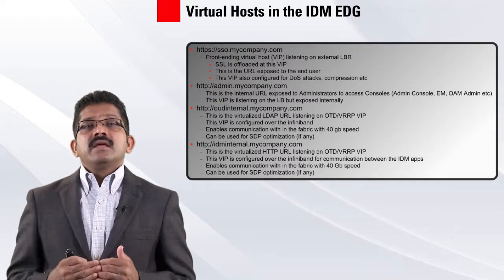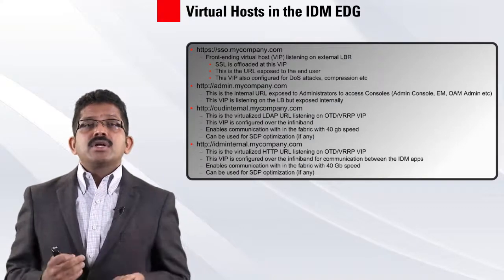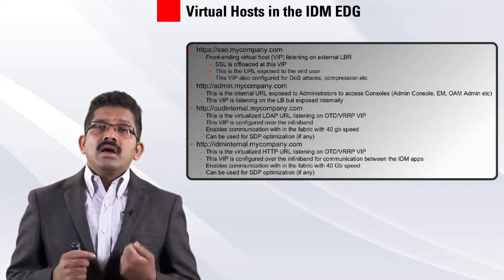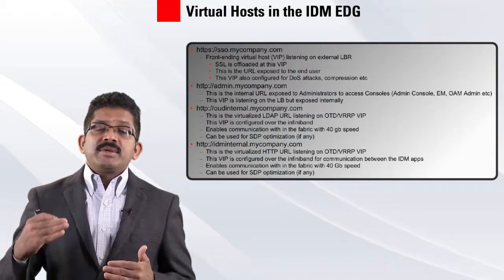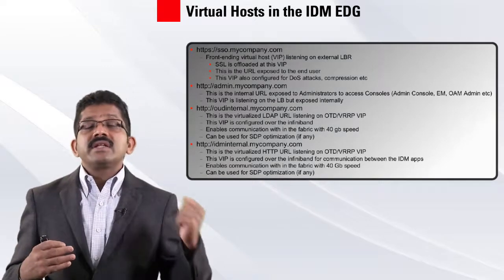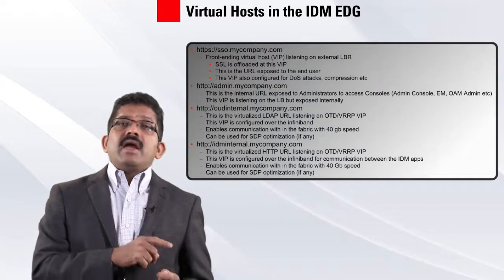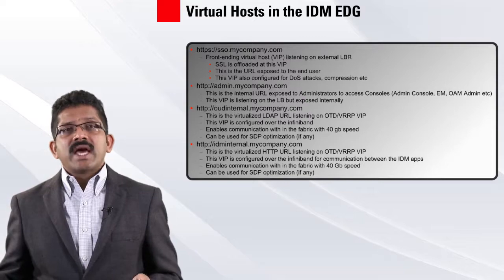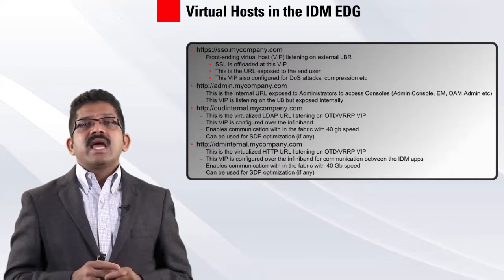And then for administrative access to your admin consoles like EM or the admin console, that cannot be outside, because your administrator is somewhere in your intranet, but not in the data center. Somewhere in the intranet, they may have access to the admin console directly, or they have to VPN into the DMZ, and from there they can access the admin console.